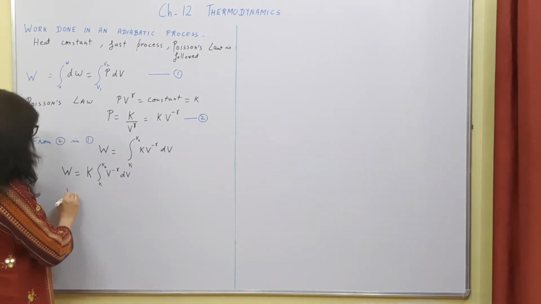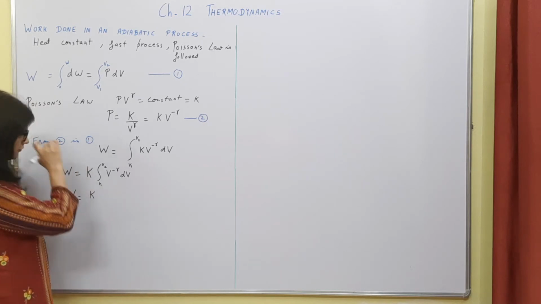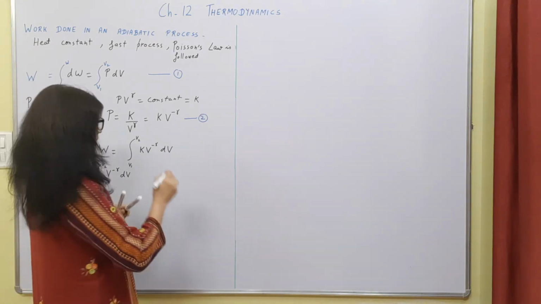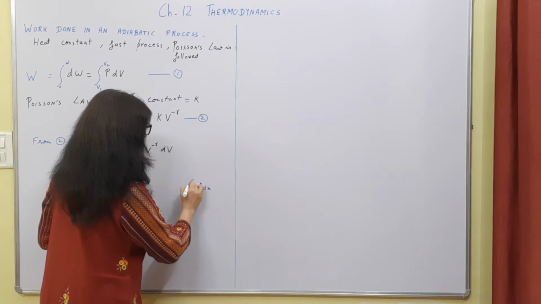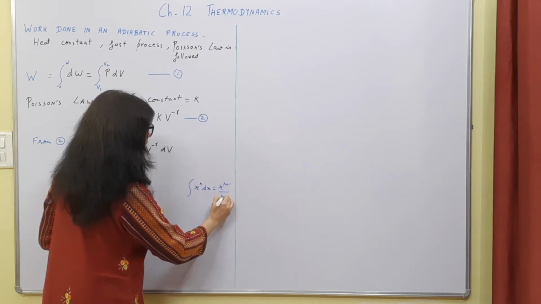So W will be K times the integration of V to the power minus gamma. If you remember the formula, the integration of x to the power n is x to the power n plus 1 upon n plus 1.